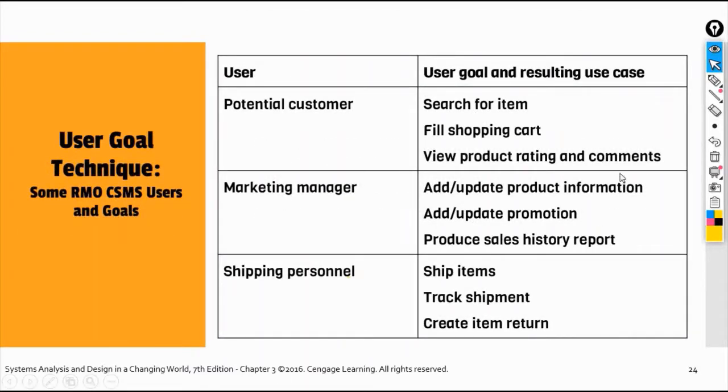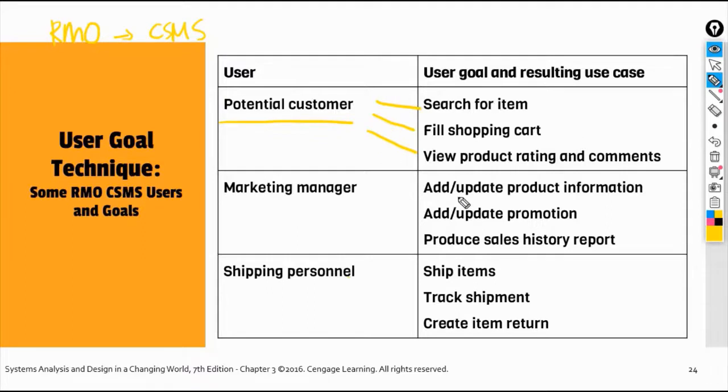For example, in this table, going back to our fictional company called RMO, which wants to create a new information system called the CSMS. The RMO CSMS potential customer use cases are search for item, fill shopping cart, and view product rating and comments.